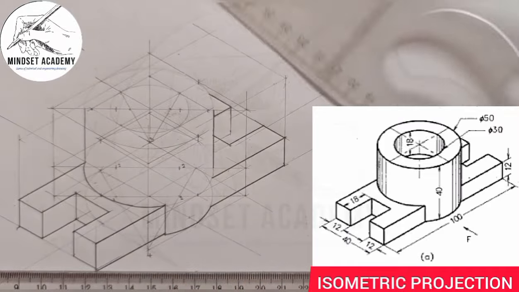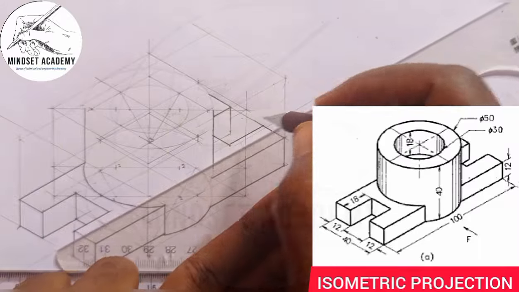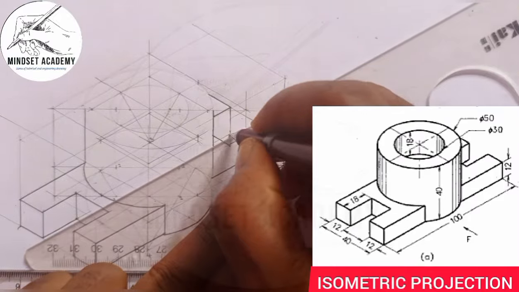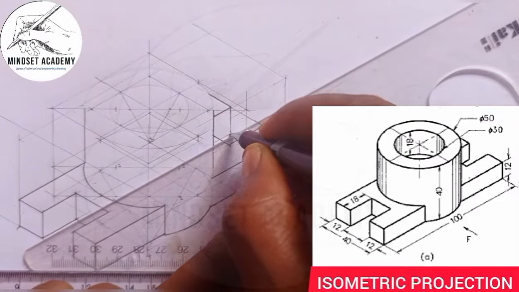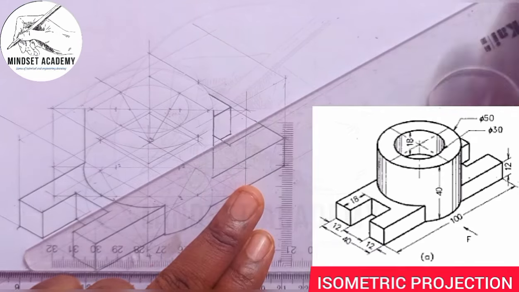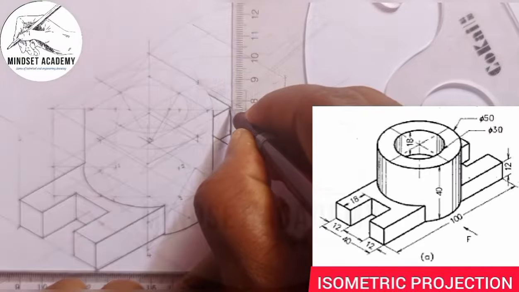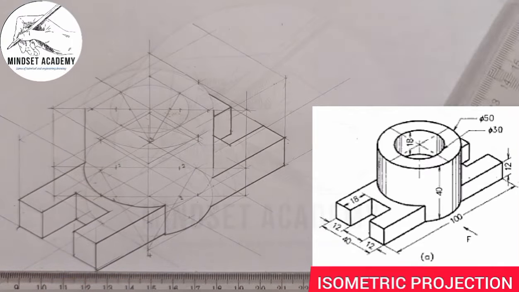You can see that? And this is closing up here. From here, it will touch here. And this is closing up. You can see that?